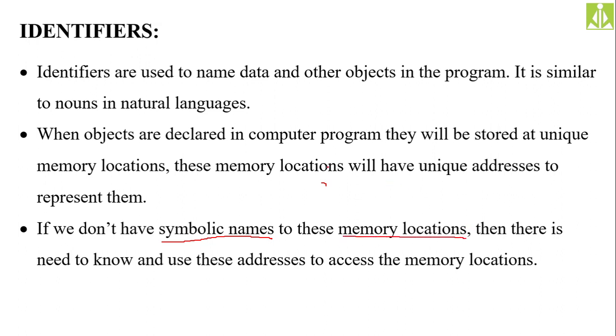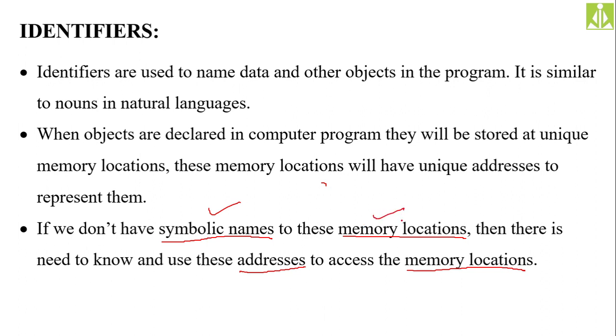Without the symbolic names, how can we access memory locations? With the help of addresses. And accessing the memory locations with the help of addresses is a very difficult, tedious job. It is not an easy job. So instead of going with the addresses, we give symbolic names to them, and with the help of those symbolic names we access the memory location.